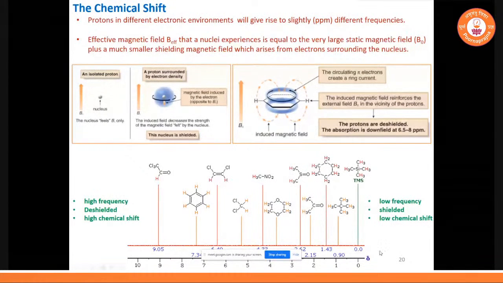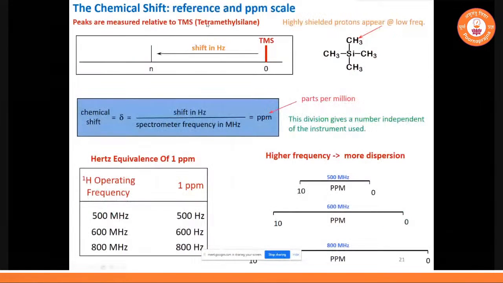So this is the usual spectrum. Usually it will go from right to left. I'll not discuss much on this because it will be available in your textbook. Usually we represent shift with respect to TMS, and we always represent this chemical shift in parts per million. This is a normalized scale. Why?